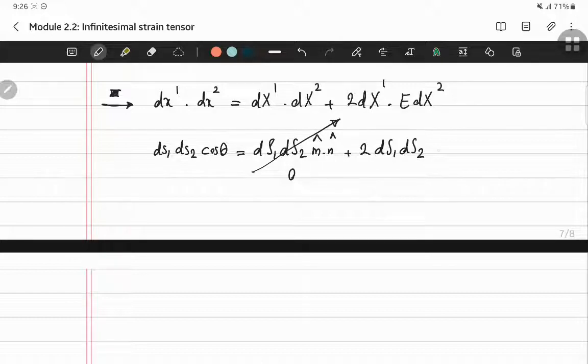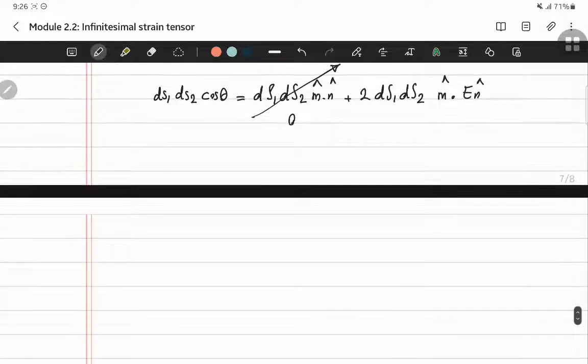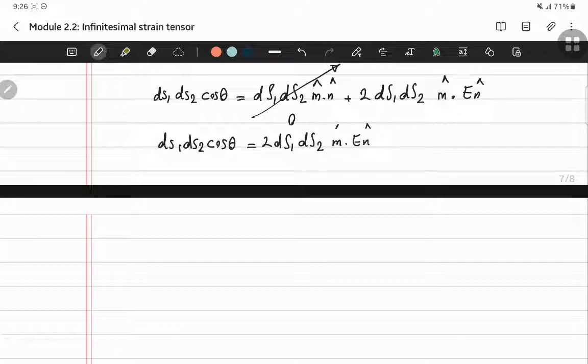So we have m dot en. Perfect. So if I rewrite this, we have ds1, ds2 cosine theta is 2 ds1, ds2, m dot en.